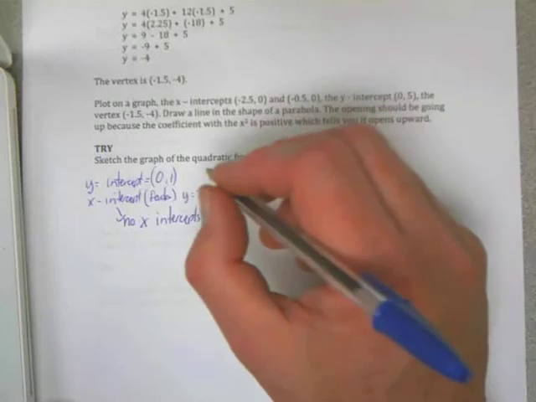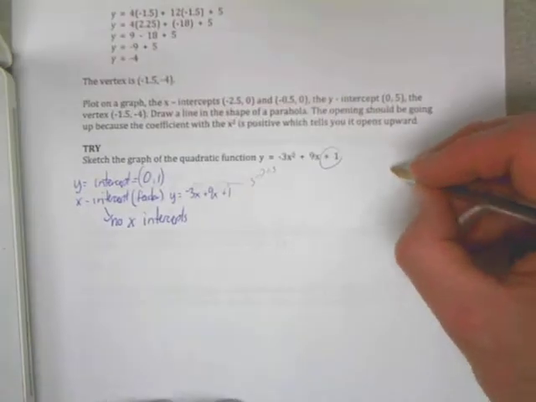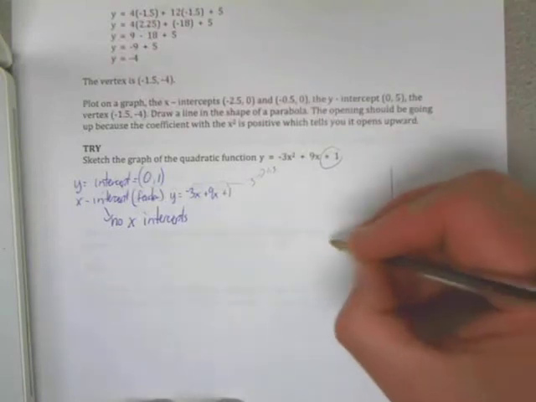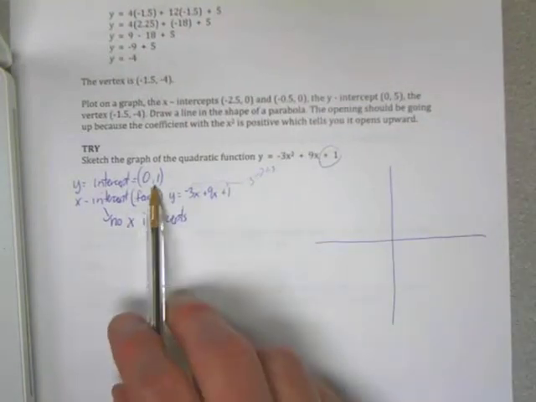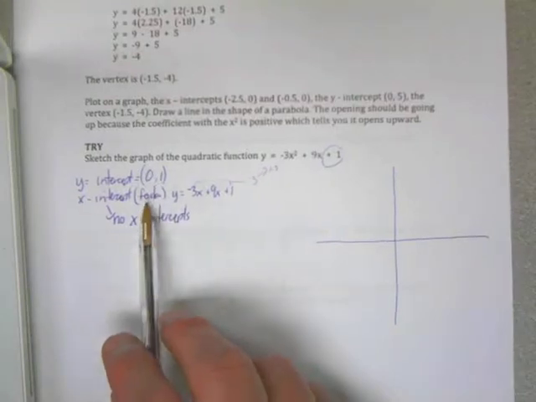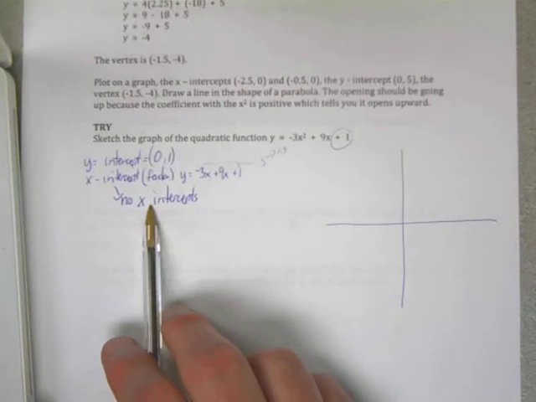Okay? So, find my graph paper here. There's no x-intercept, so I'm good to go.